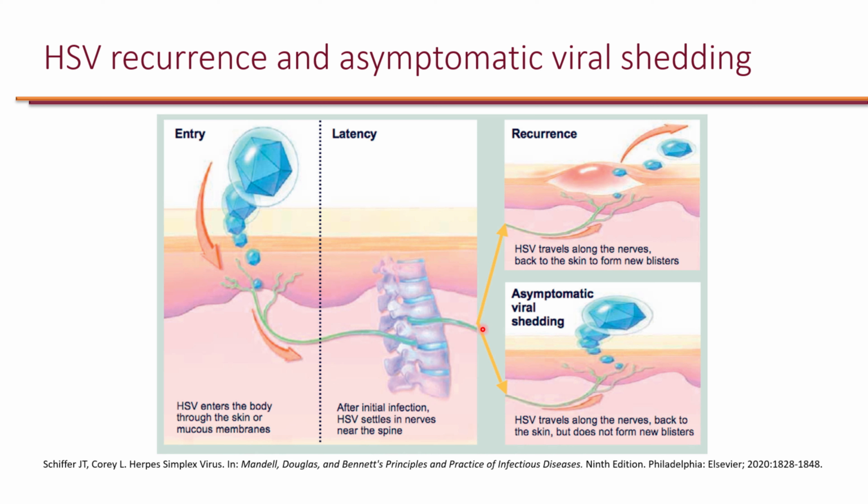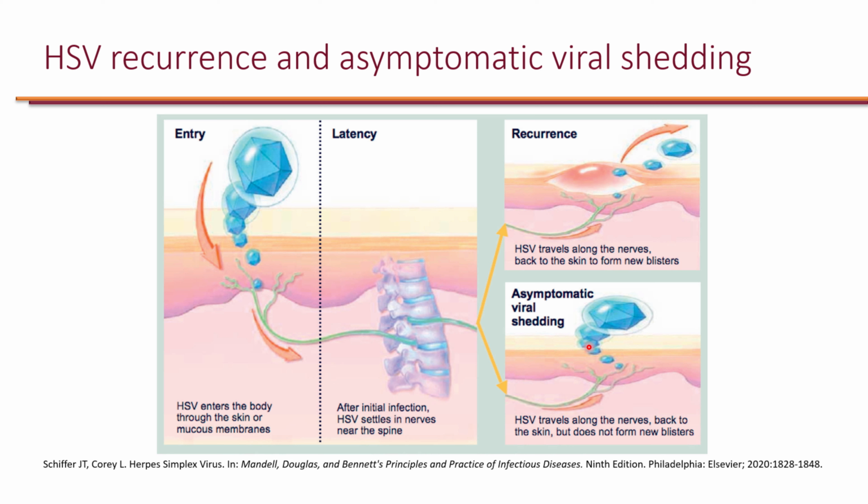The other possibility is asymptomatic viral shedding. Once the virus is reactivated, it goes to the surface of the skin. It's asymptomatic in the sense that it will not cause symptomatic manifestation, so there will not necessarily be a lesion on the skin, but because the virus is actively replicating, it will be able to shed new viruses, and this is also contagious.